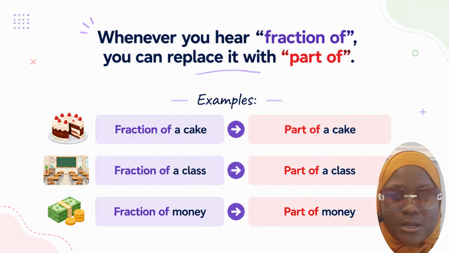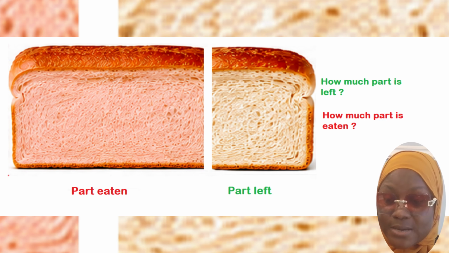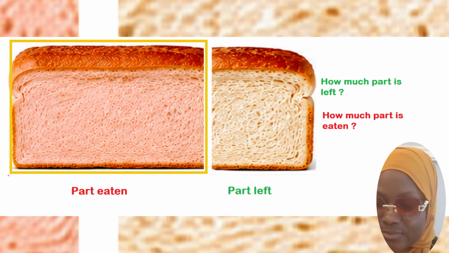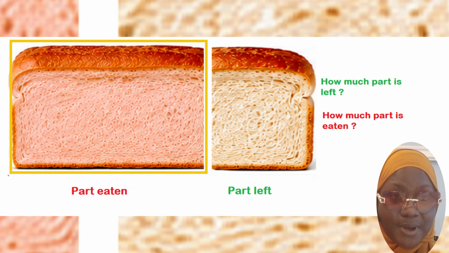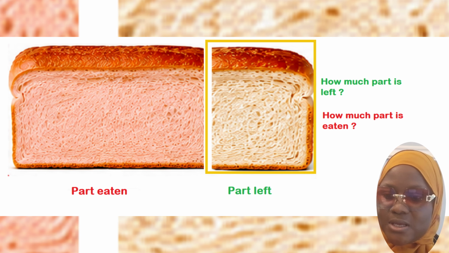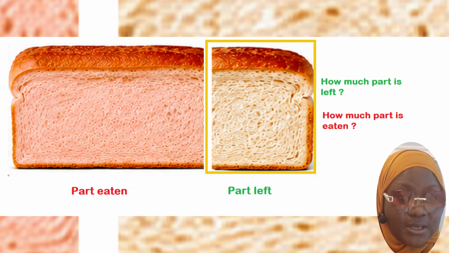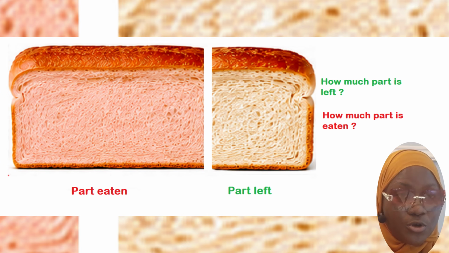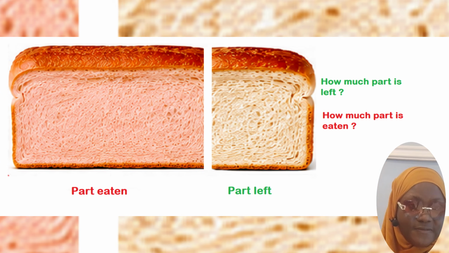So, let us carefully examine this bread. I ate a part and left a part. Can somebody tell me exactly how much part of the bread is eaten and how much part of the bread is left?